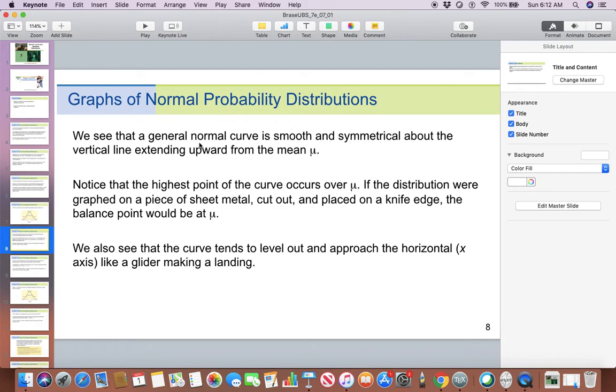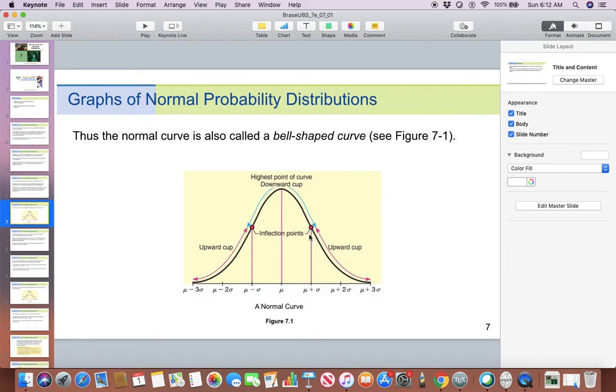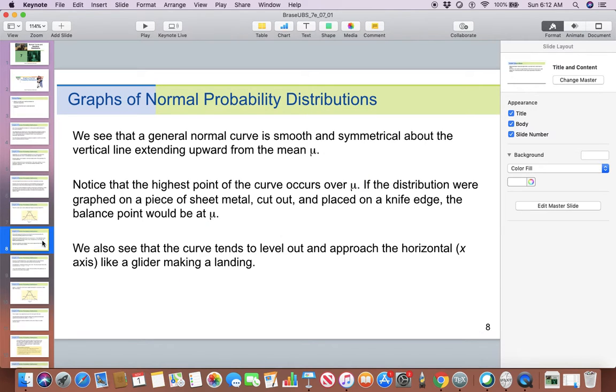We see that the general normal curve is smooth and symmetrical about the vertical line extending upward from the mean mu. So this curve is smooth. There are no pointed points, right? And symmetrical. Symmetrical means left-right symmetry about this line. That is, you could fold this page along this line and the two sides will match.